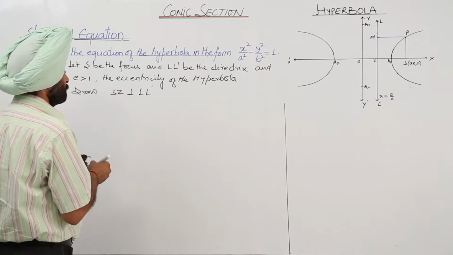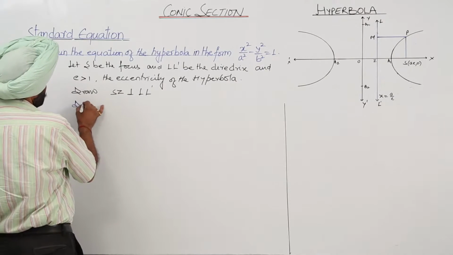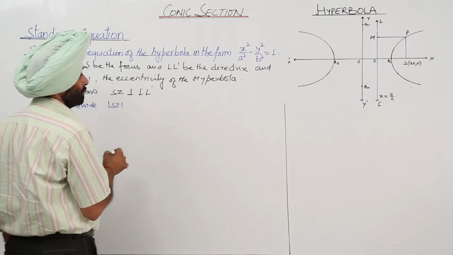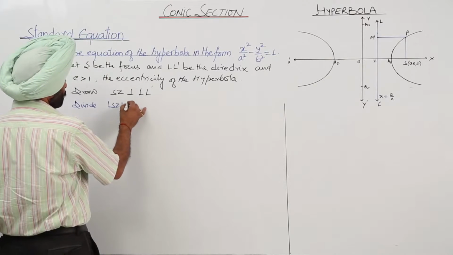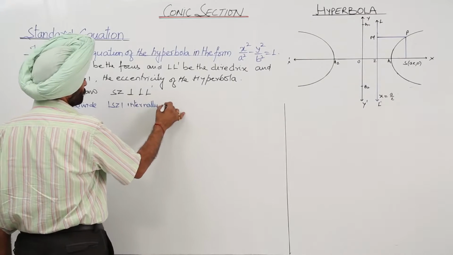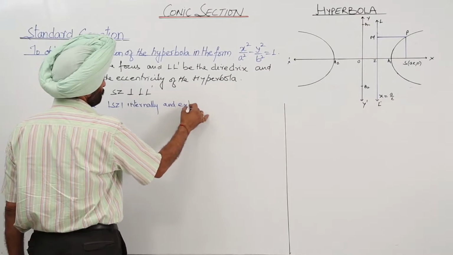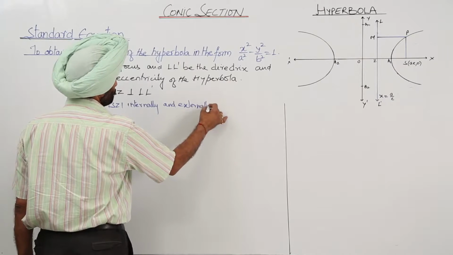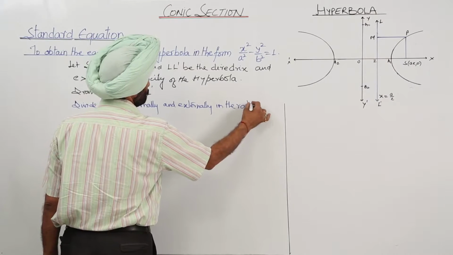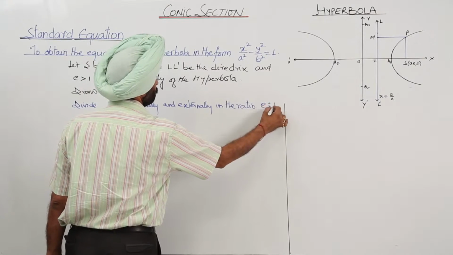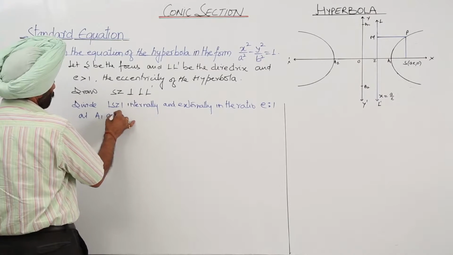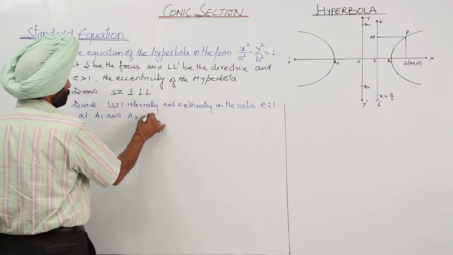Then divide SZ internally and externally in the ratio e to 1 at A1 and A2 respectively.